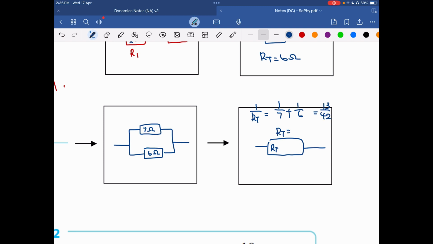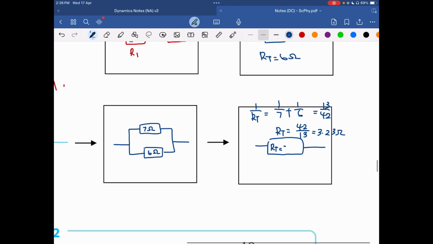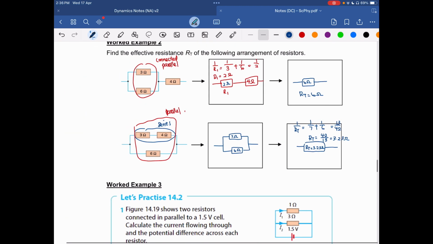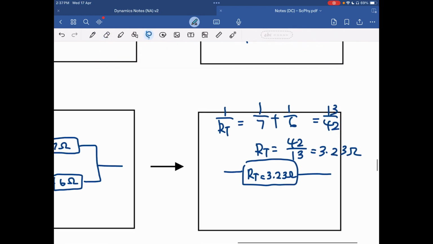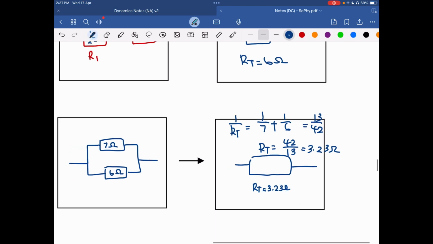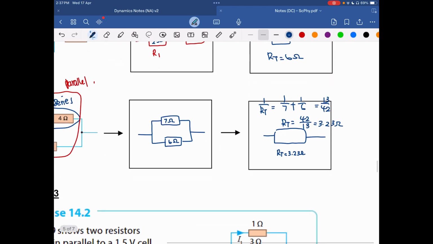So RT will just be flipping it again, 42 over 13. Okay, 42 over 13 in terms of 3 significant figures is 3.23 ohm. Sorry, I should move it up. Okay, if you've written it down inside, it's fine as well. So RT equals 3.23 ohm.